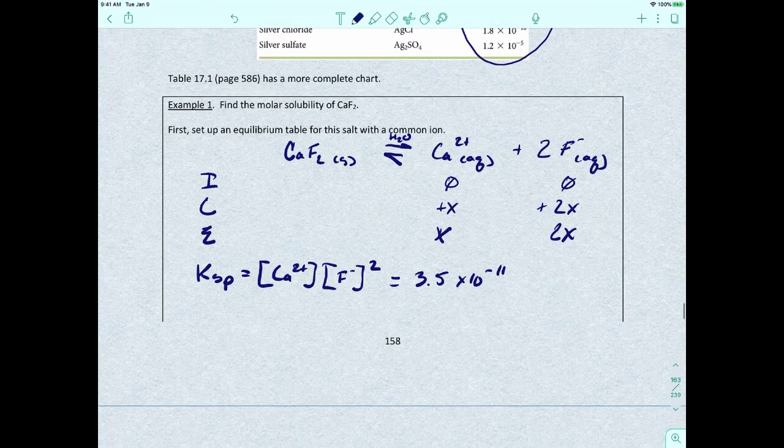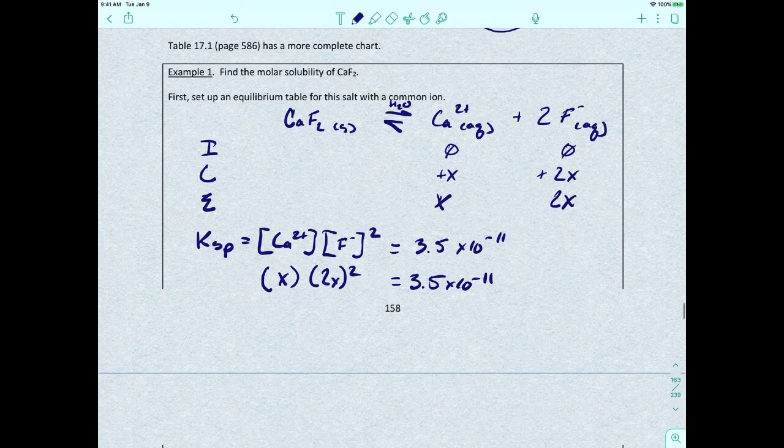Okay, so if I put in our x's now, x for calcium 2 plus, and then 2x squared for the fluoride, okay, let's simplify this a little bit. So 2x squared, that's like saying 2x times 2x. And so you've got x here. So that's equal to 3.5 times 10 to the minus 11th.